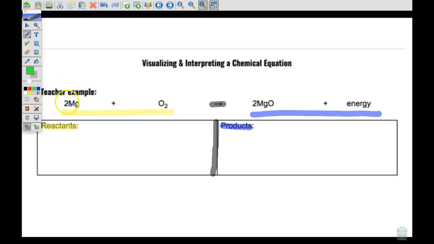In 2Mg, the big 2 is my coefficient, and this means I have 2 sets of Mg. Even though there's no number here, that's a 1, so this is a single atom.